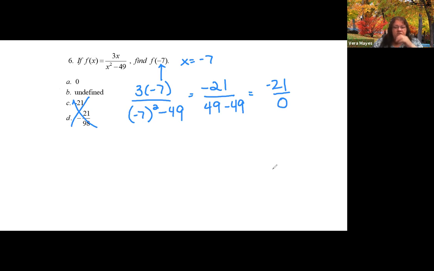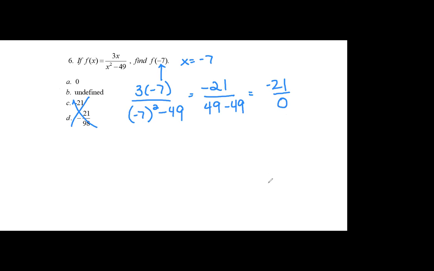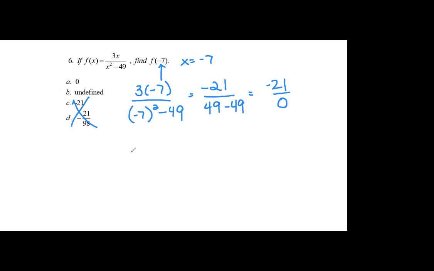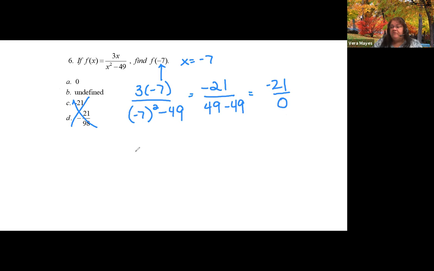What do we get if we have 0 on the bottom of the fraction? Try putting it in your calculators and see if it gives you a 0 or an error. If you can't remember, that's the best way to check.